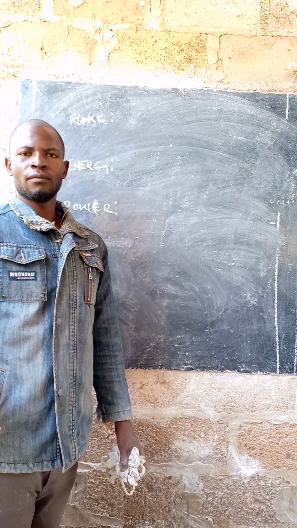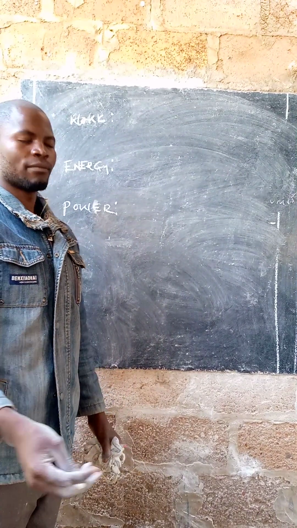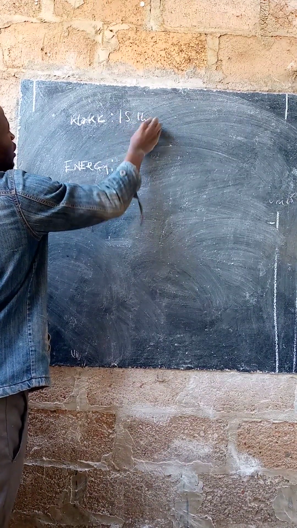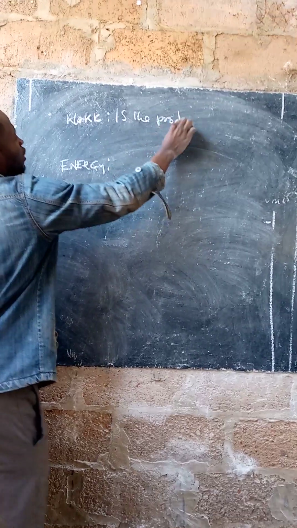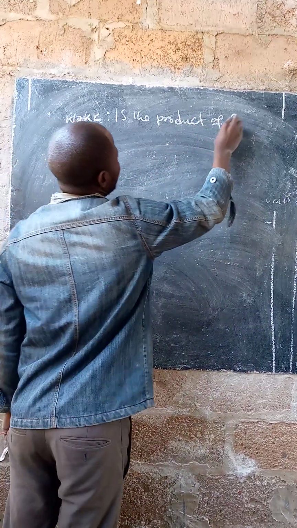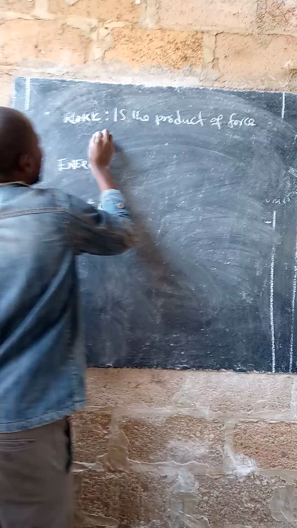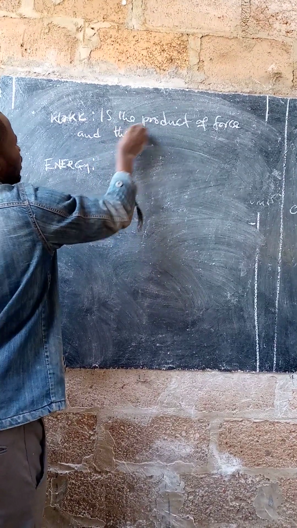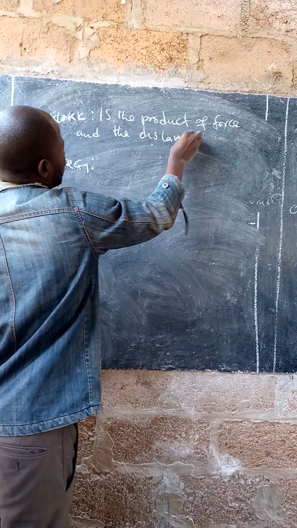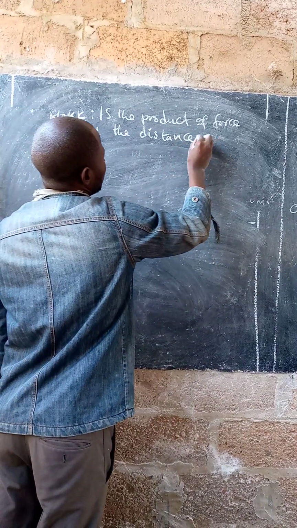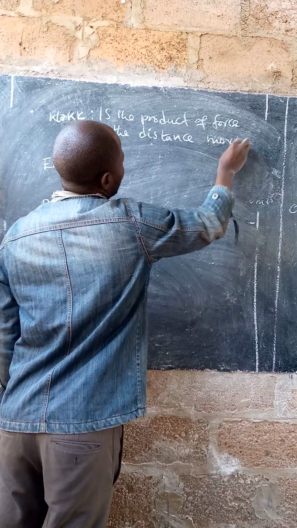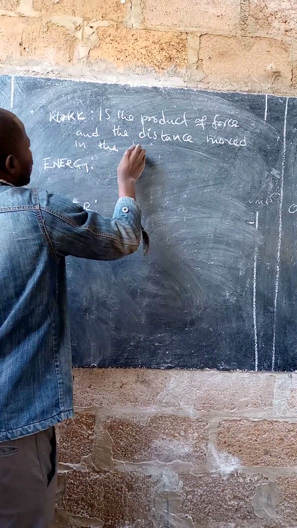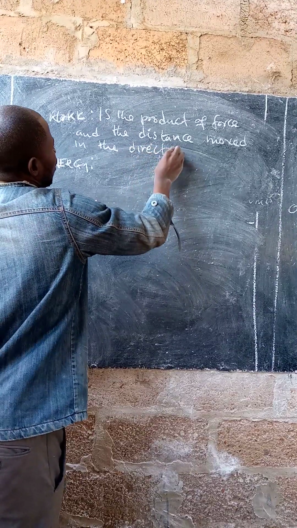Work, I can say it is the product of force times the distance moved in the direction of force. Okay. Work is the product of force and the distance moved in the direction of force.